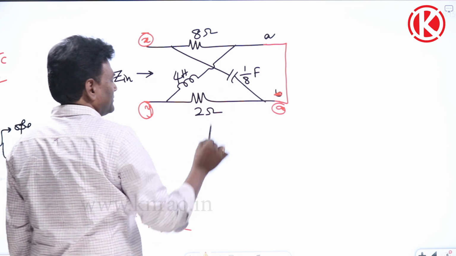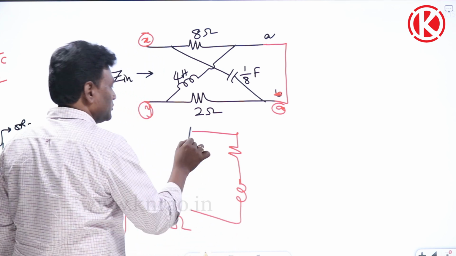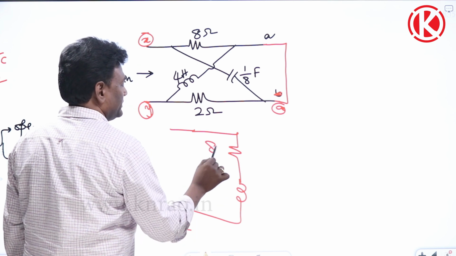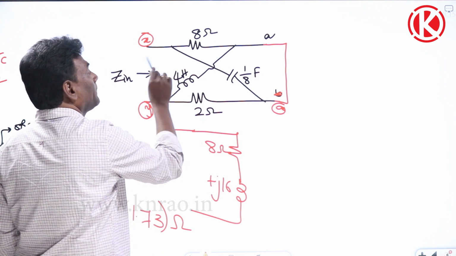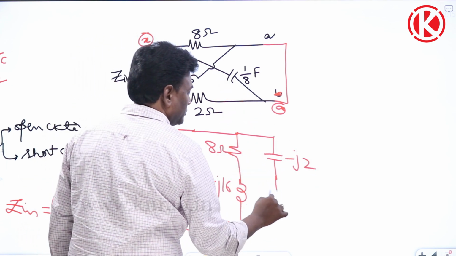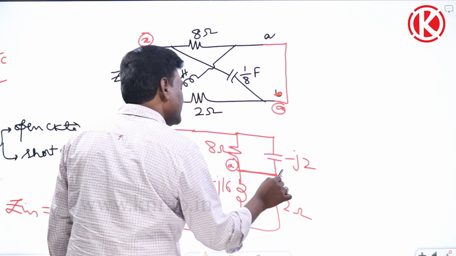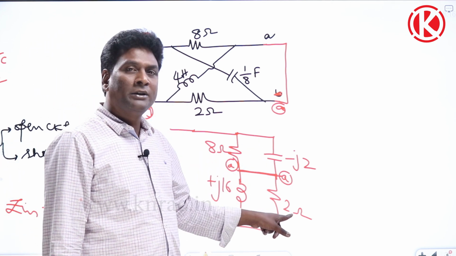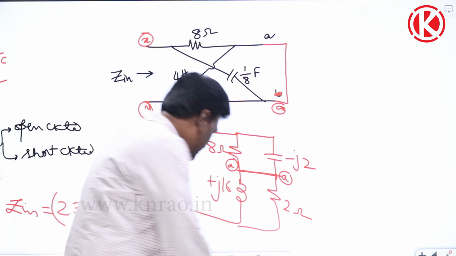Okay, now again same old story, 8 ohms, 4 henries, in the sense this is going to be a 16, this is 8 ohms plus a 16, and this is going to be minus j2, there is going to be 2 ohm, because this is a, this is b is nothing but a only. What does it mean? These two are parallel, and both are connected in series. Okay, so 8 and J2 are connected in parallel.